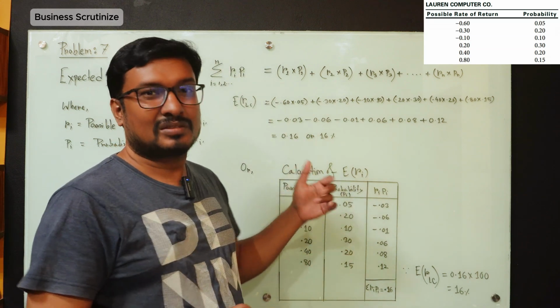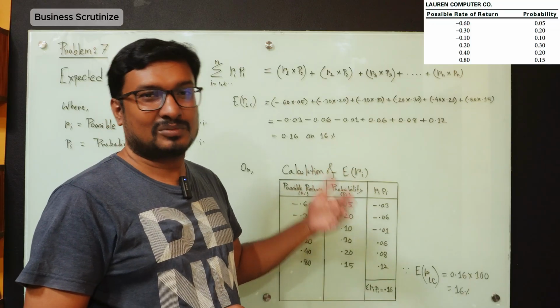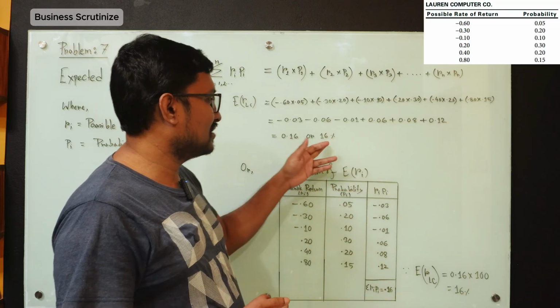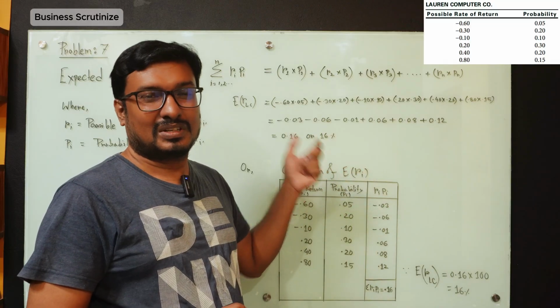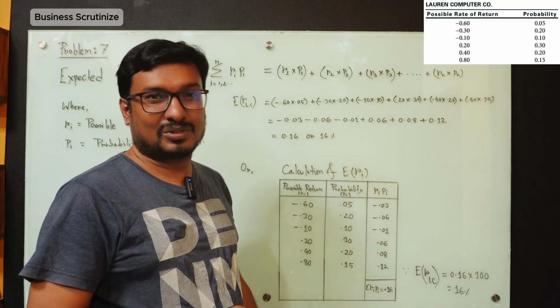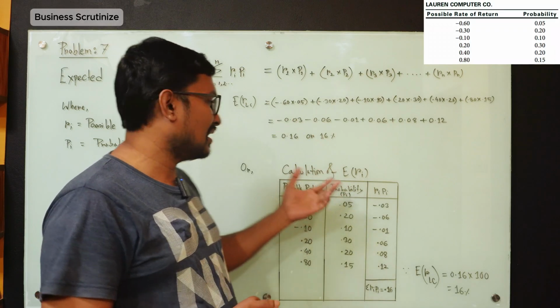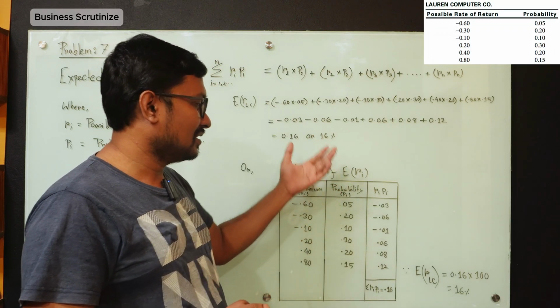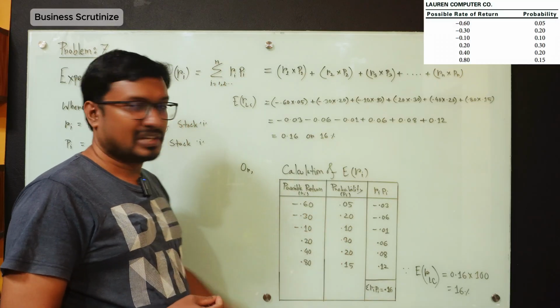If we sum, we get 0.16, and multiplying with 100 to show in percentage, it is 16%. So using this equation we can compute the expected return. This equation we can also present in a table like this to get the expected return.